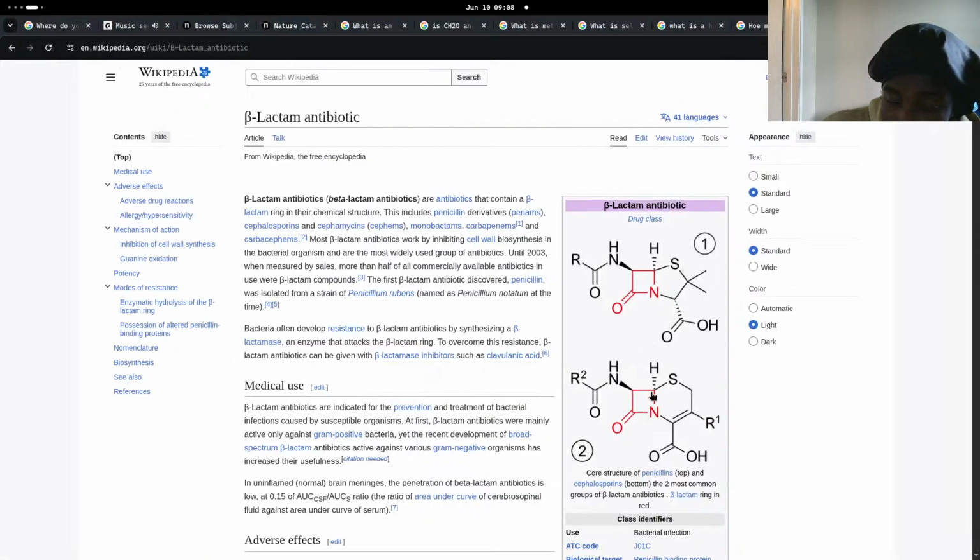So pi conjugated systems, rich in double bonds, right?